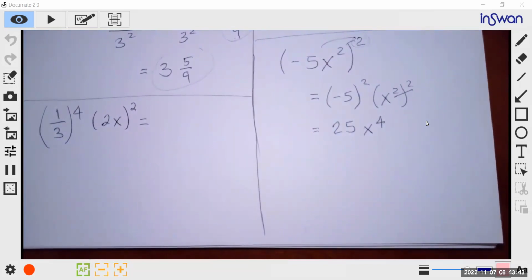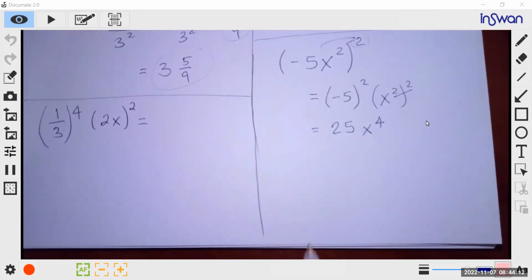About that one. So what happens in the first parentheses?